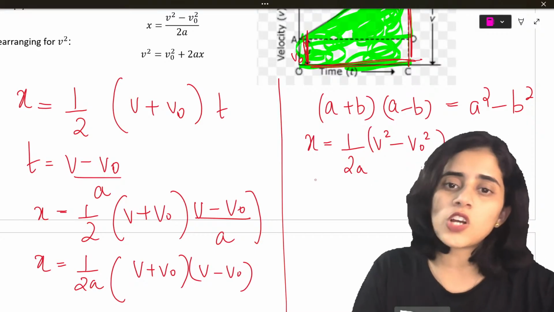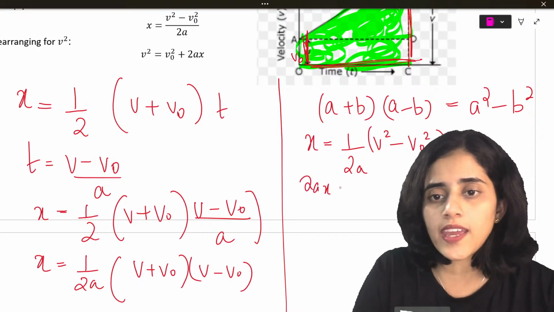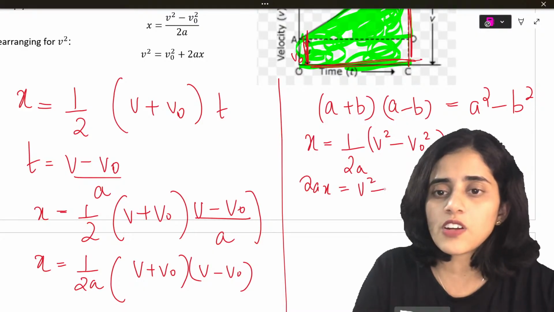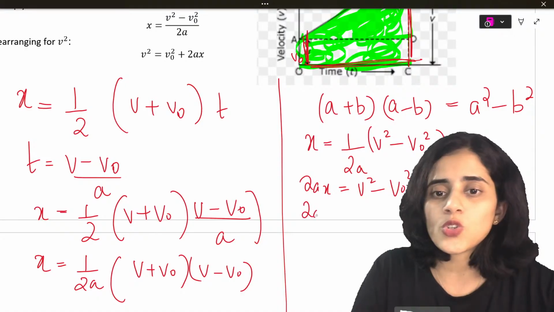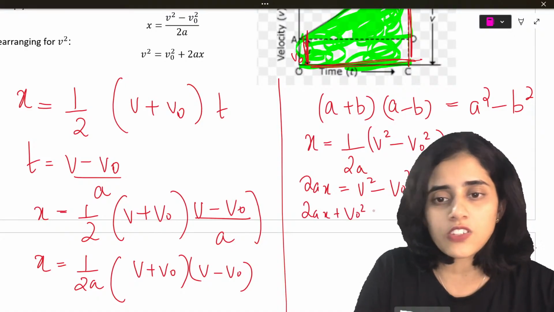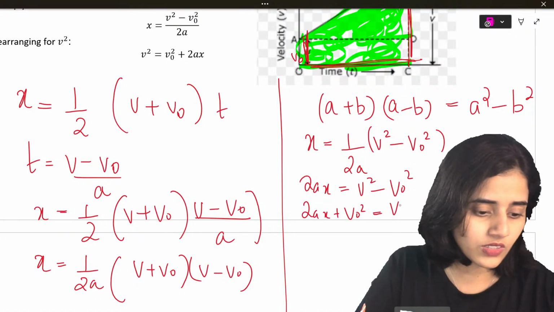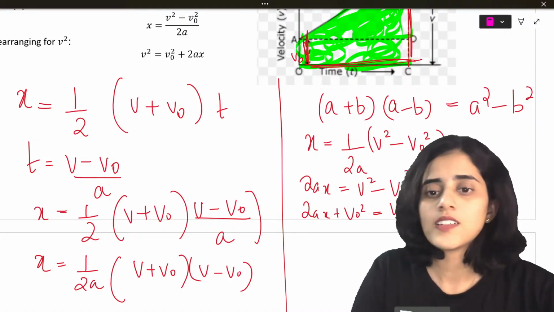Now I'll just cross multiply. So 2ax is equal to v square minus v naught square. So 2ax plus v naught square is equal to v square.